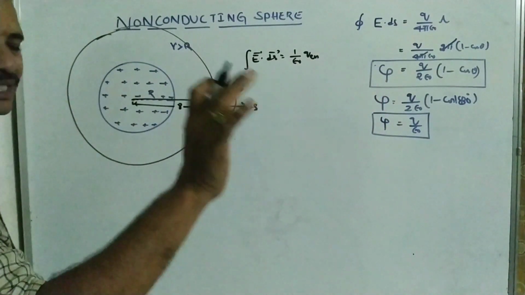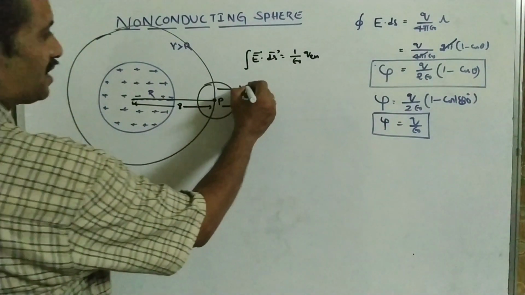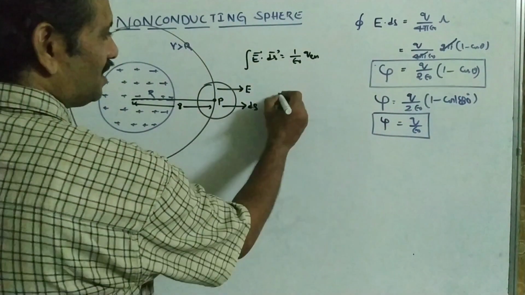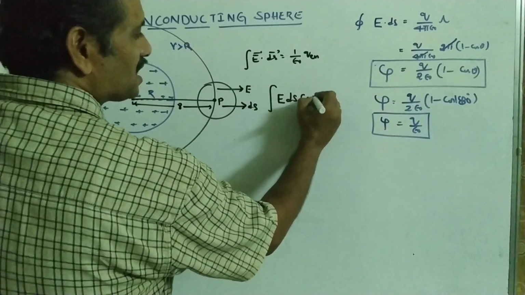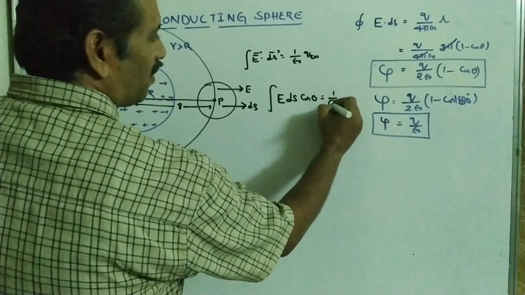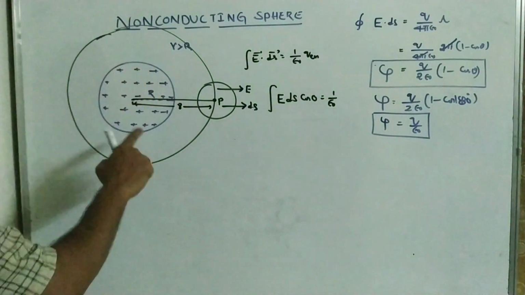The tangent to the line of force gives the field direction, so E and dS are parallel. Then E dS cos 0 equals 1 by epsilon 0 times the charge enclosed by the Gaussian surface.